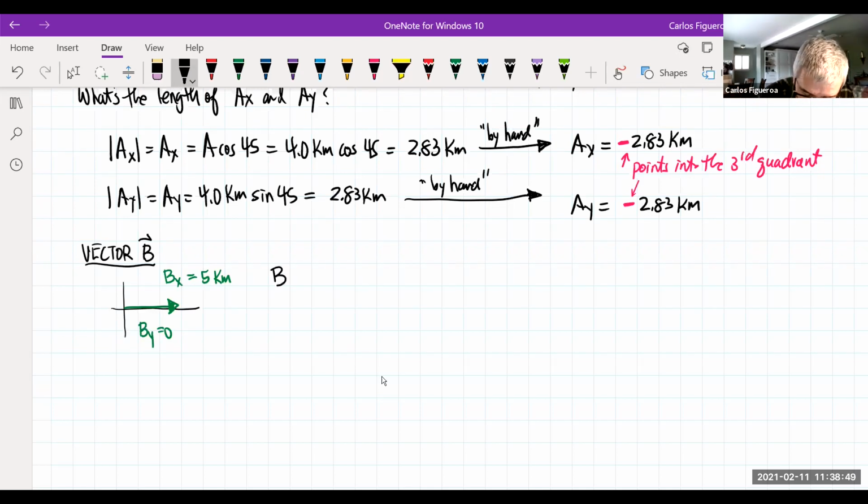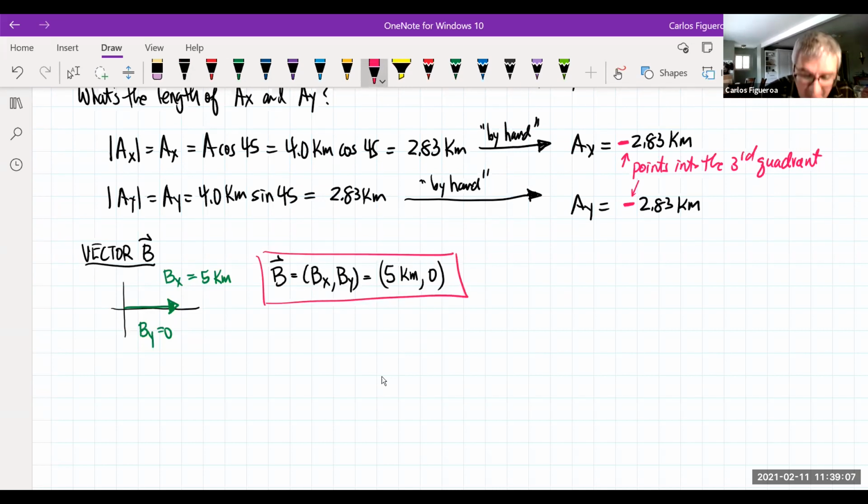We just ask, what's the magnitude of B? Not the magnitude, but the vector B has to be this. So this guy has to be 5 kilometers. That guy has to be 0. So then we're set. We got B. Then I move on.